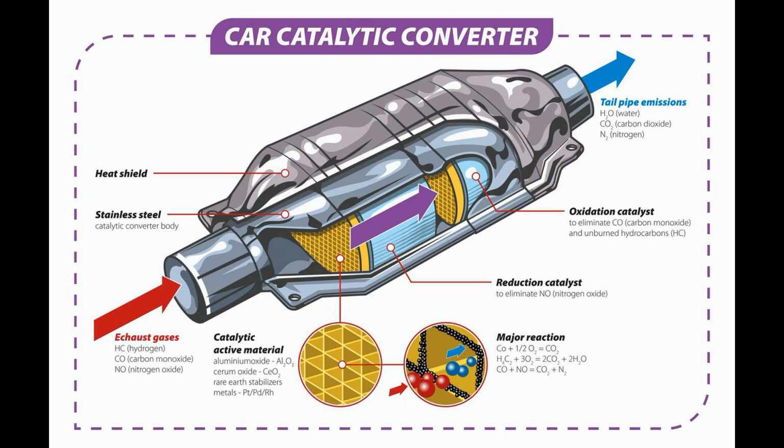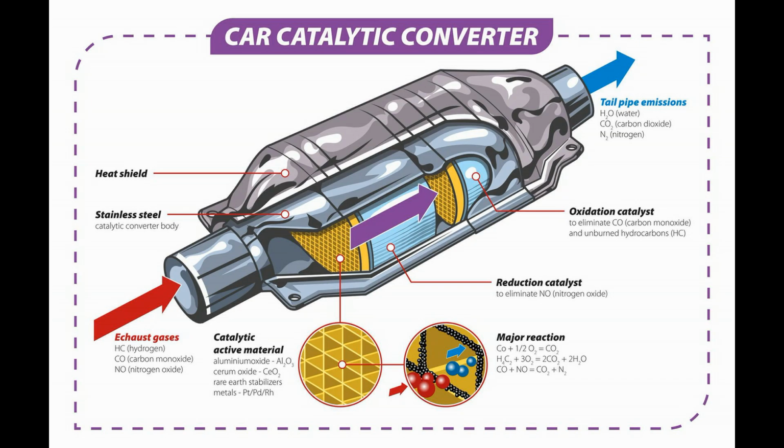Now in part 2, I just want to discuss what a catalytic converter is on a vehicle and how it functions and works. And I will show you how to diagnose a P0420 code and the failure of the catalytic converter.